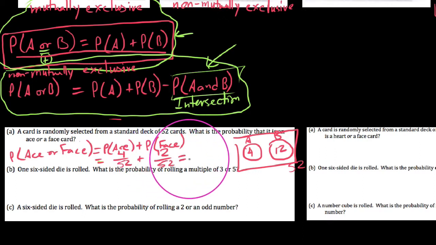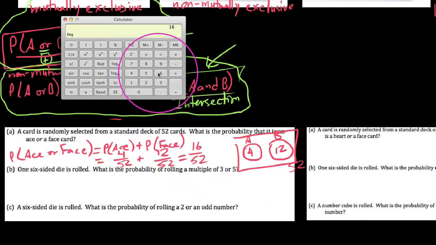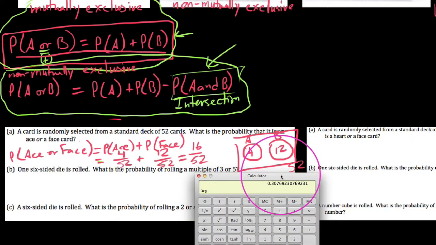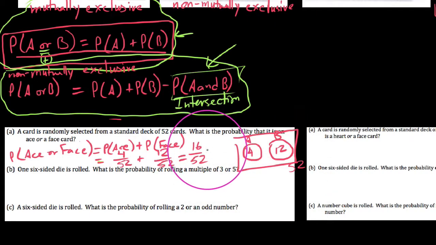You'll notice we have a common denominator here, so we get 16 out of 52. We could get our calculator out, 16 divided by 52, and we have about a 30.7% chance, or 0.307. So when things are mutually exclusive, we'll just rewrite it as the probability of the first thing plus the probability of the second thing.